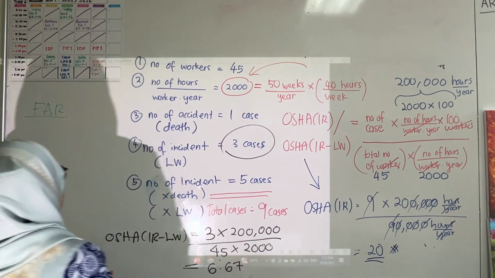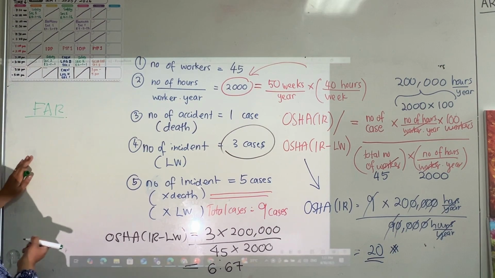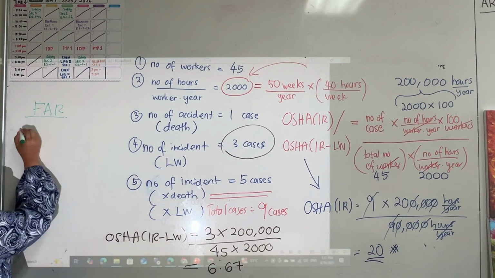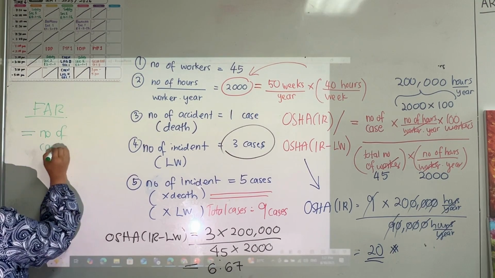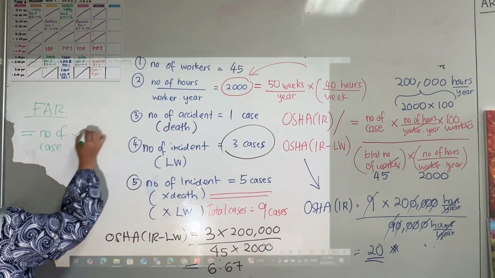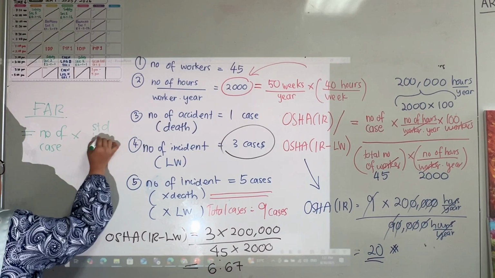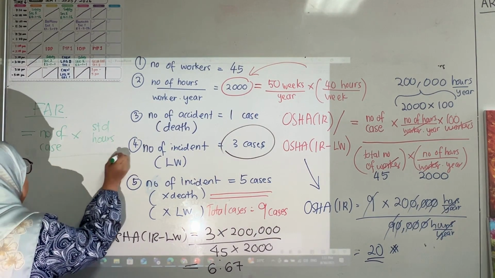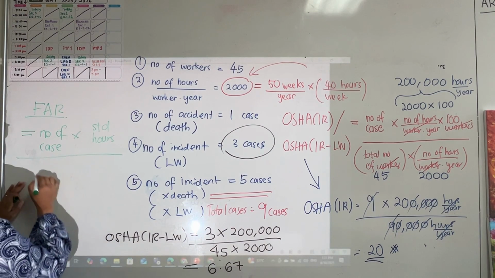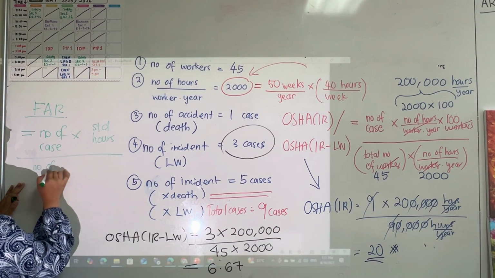The formula is number of cases times the standard hours, and later I will show you how to calculate these standard hours, divided by number of workers.